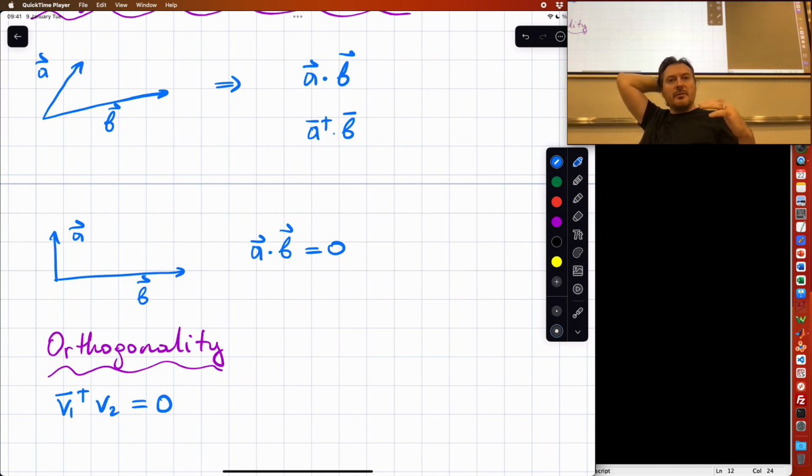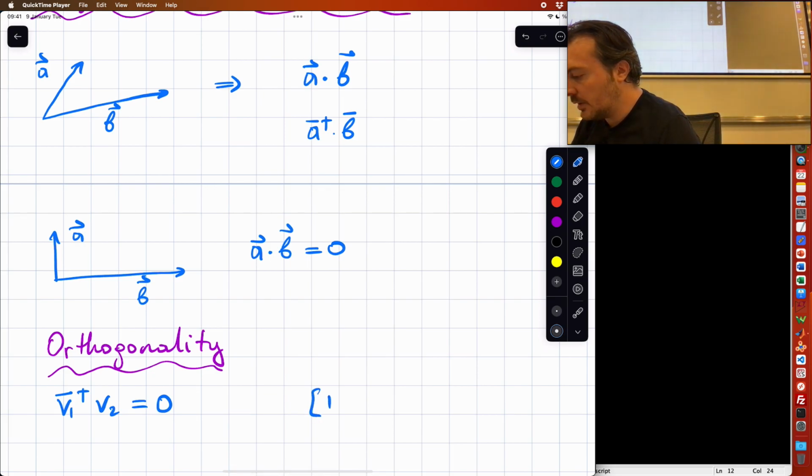When we are dealing with vectors, we usually think of them having real coefficients. Don't you agree? So this dagger comes in just because we start using complex values, and we realize that we have to do that, because if we don't, this is also a vector, right? A 1 by 1 vector.